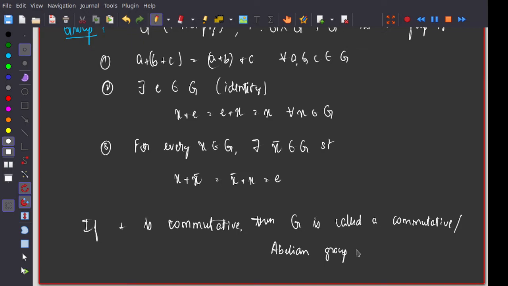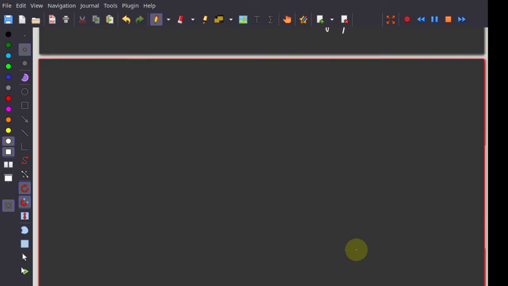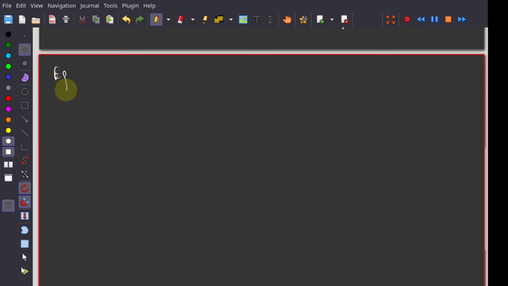Can you give me some examples of groups? The set of integers under the addition operation forms a group. Real numbers form a field, but I want examples of groups which are not fields.